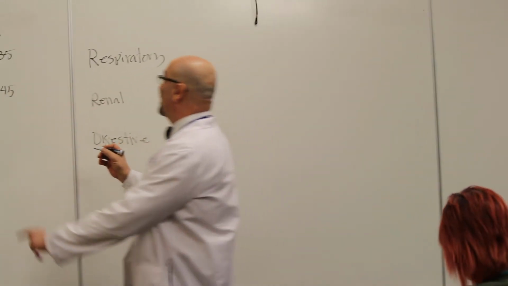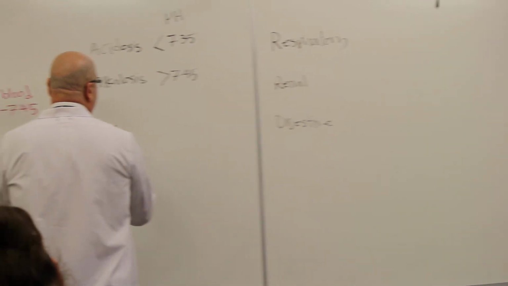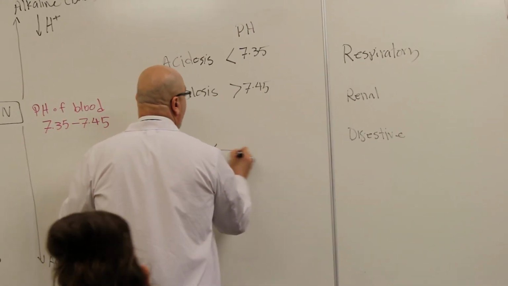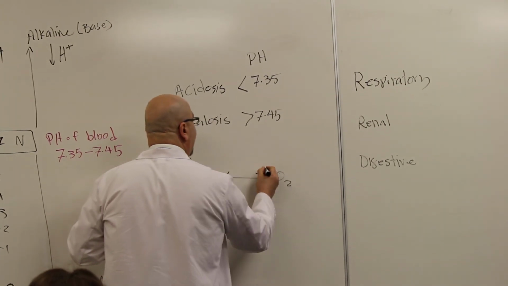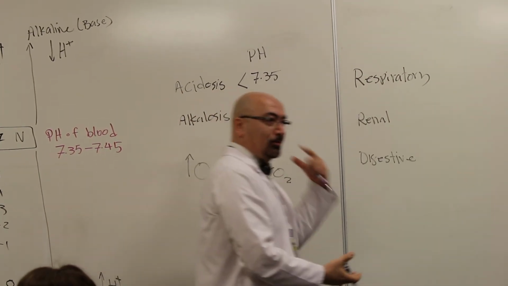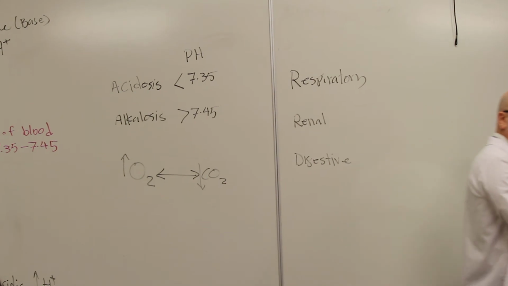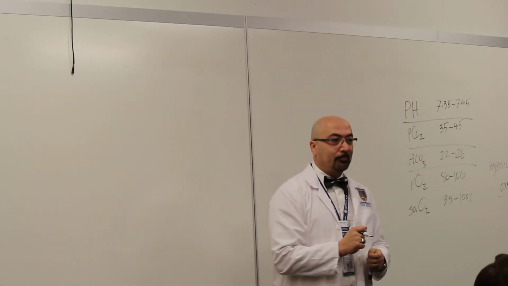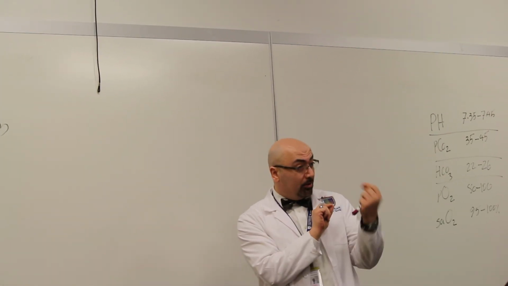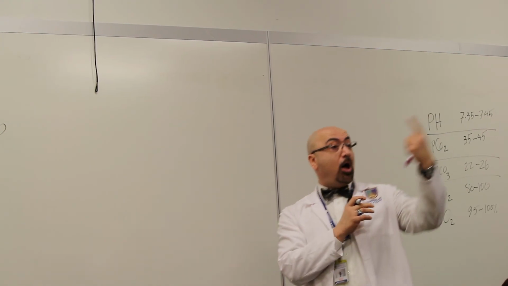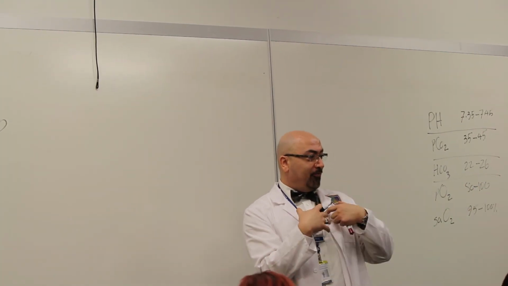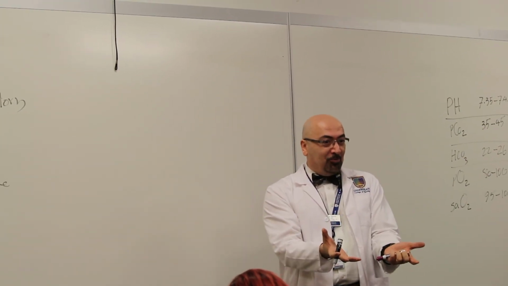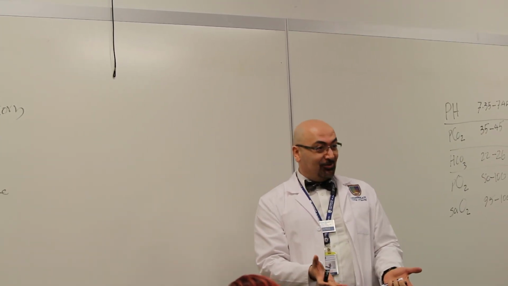So one goes up, the other one goes down, and so on. But the one that is actually triggering a chemical response is not oxygen, it's carbon dioxide. So our focus is what's going on with carbon dioxide concentration.